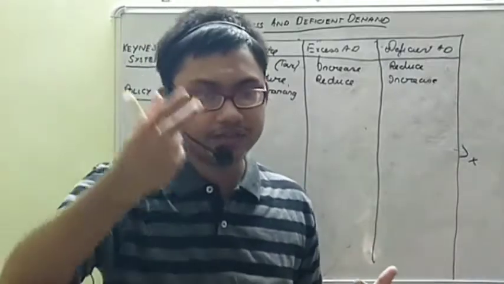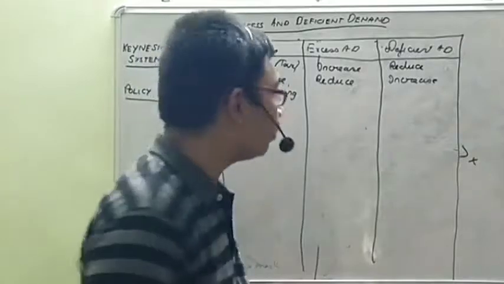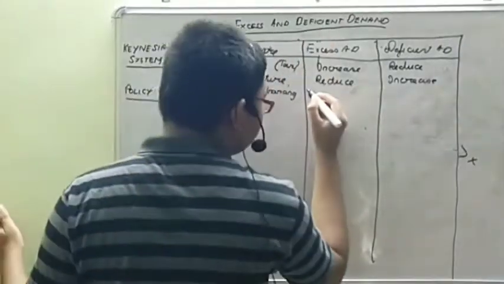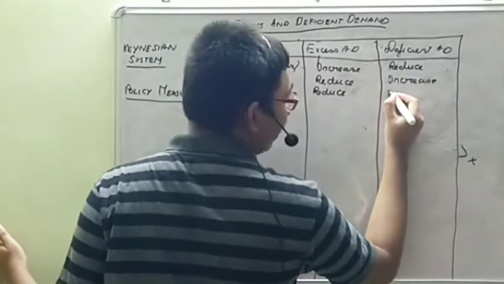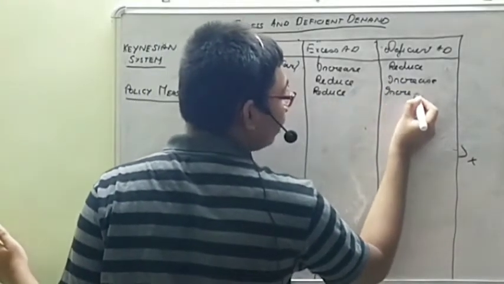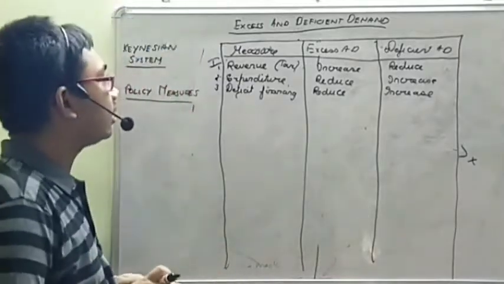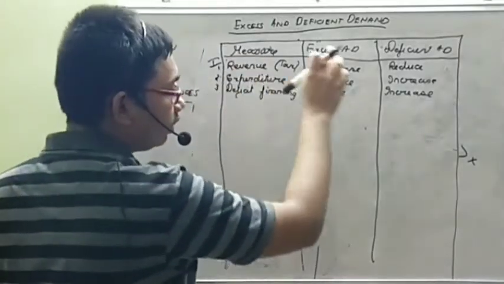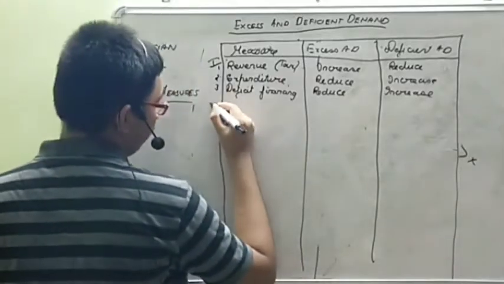Therefore, higher deficit financing means higher purchasing power. So, in case of excess demand, government should reduce deficit financing. In case of deficient demand, government should increase or raise deficit financing. Okay, these are the two things about fiscal measures. Now let us go to monetary measures.